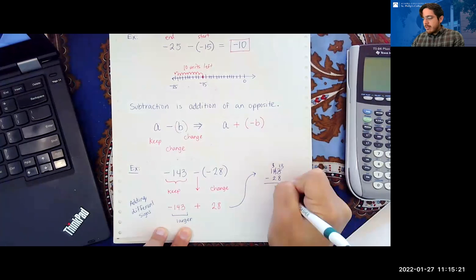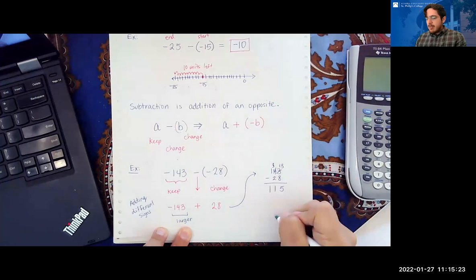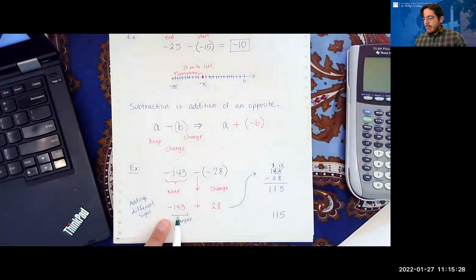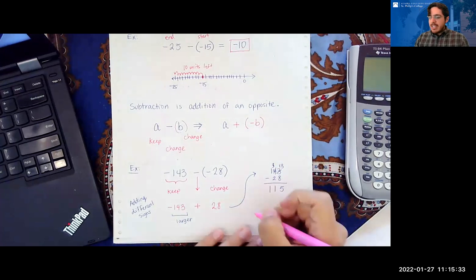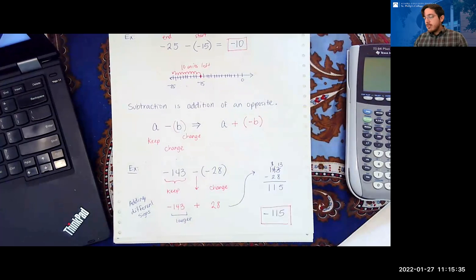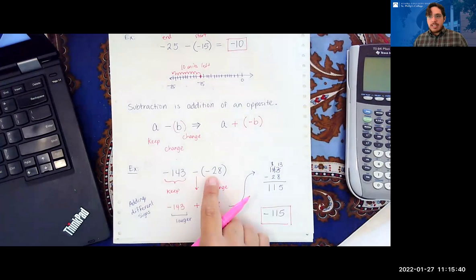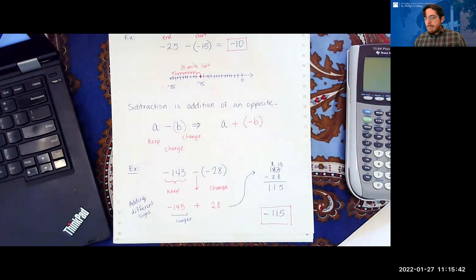So my answer should be 115, but I need to keep the sign of the larger number. So I should have negative 115. So that is the answer when I have negative 143 and I subtract, sorry, when I subtract negative 28. Does anybody have any questions there? Does that seem confusing?